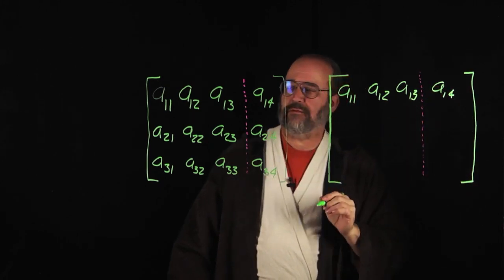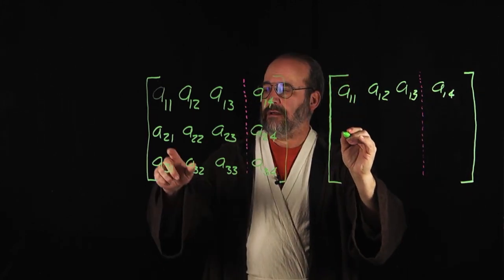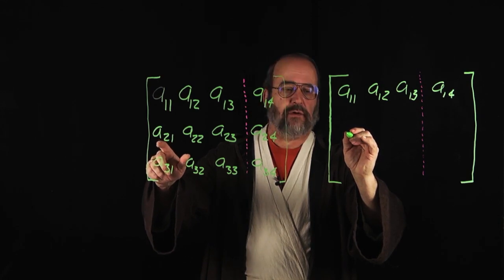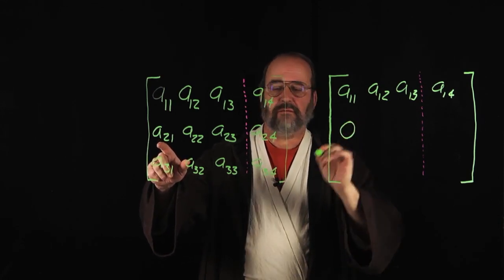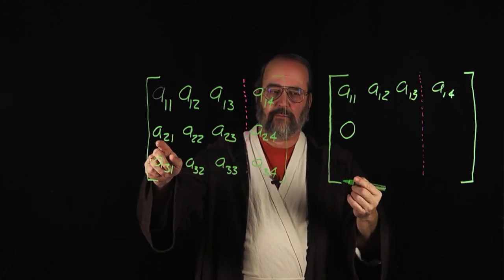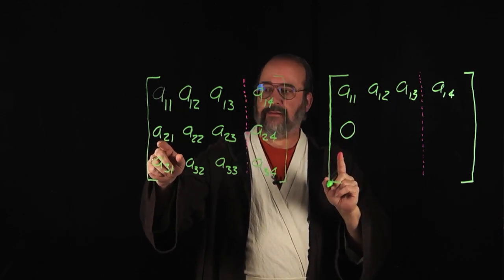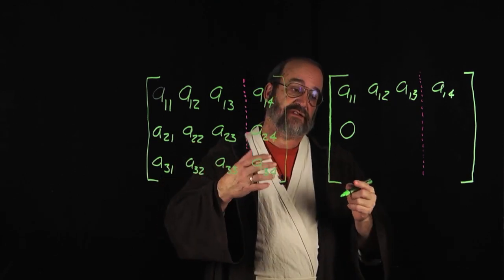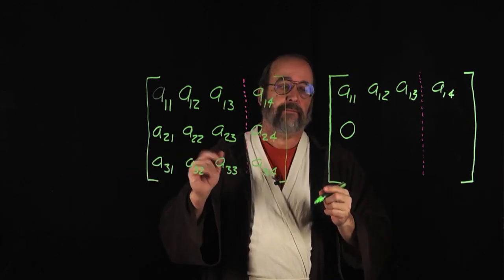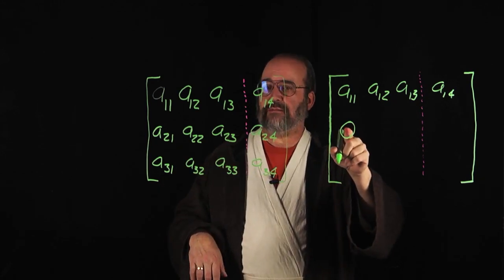Basically, nothing happens with the first row. Down here, we want this one to end up being a 0. So we need to add, subtract, multiply, or divide. I didn't think about that when I was talking about multiplying. You can also divide, because division is multiplying by the reciprocal. But somehow we have to get this to be 0.